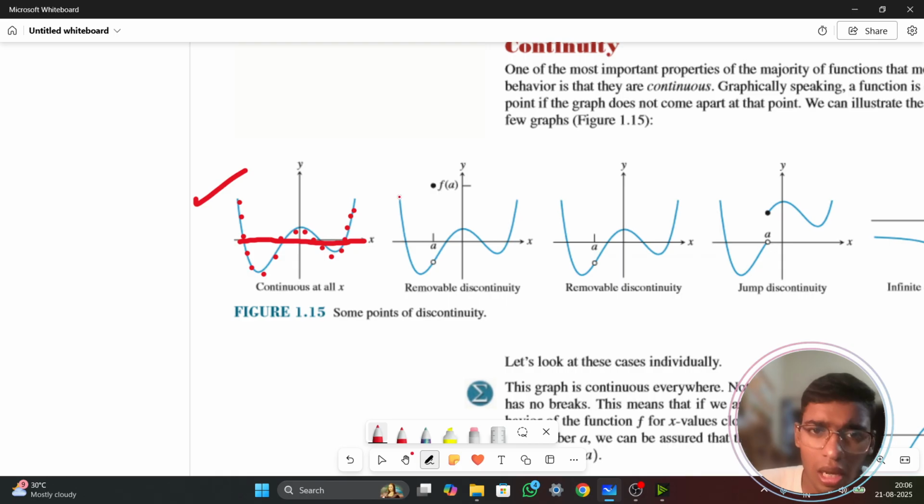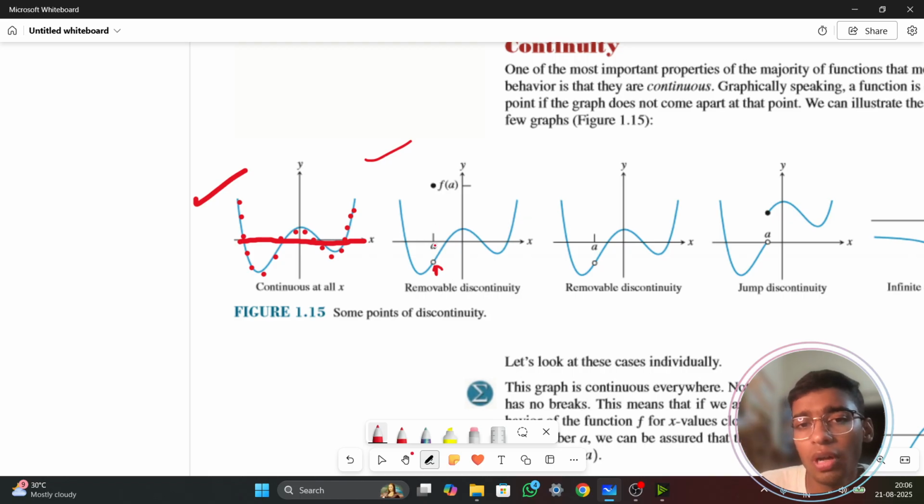Now see here, this second graph. At every value of x, it is giving some value of y. My y is given here as this point. But at my point a, I am getting a hole. A hole means there's no point mapping to y.